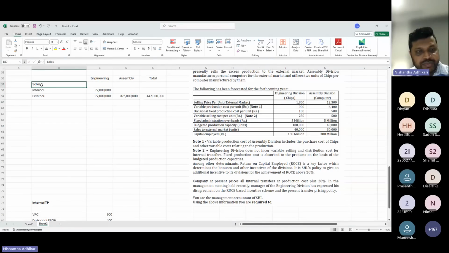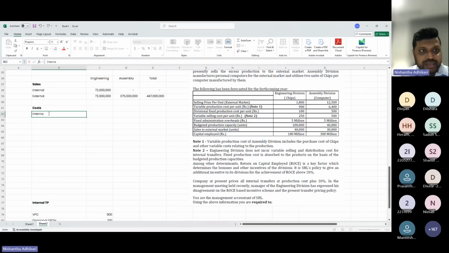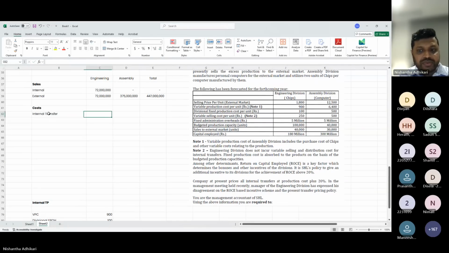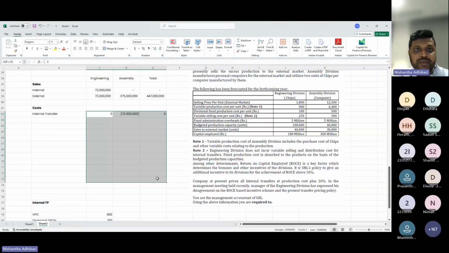This is sales. Cost. This is sales to engineering division, but it is a cost to assembly division. I will take the internal transfer. It is a cost to the assembly division. Then it is plus and minus, it will be netted off. You are not going to include it in the total column, right?